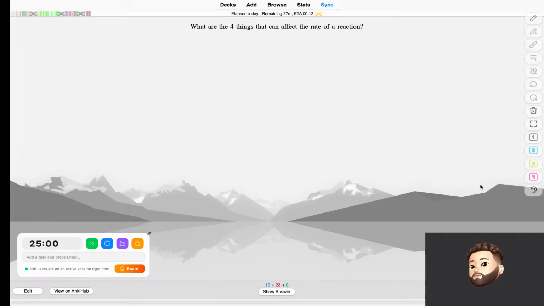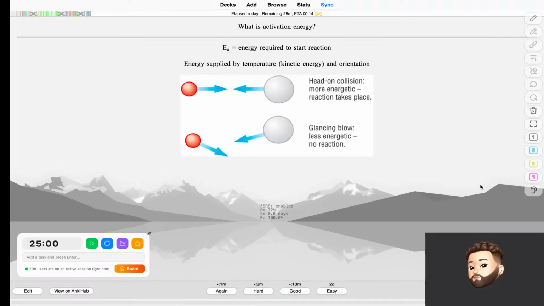Four things that can affect the rate of a reaction: the temperature, the catalyst, the solvent, and the concentration. The energy needed to start a reaction.